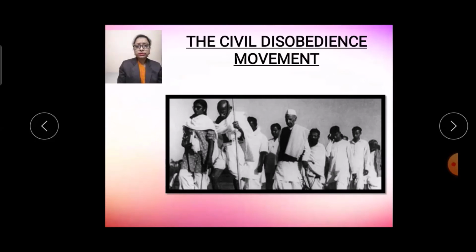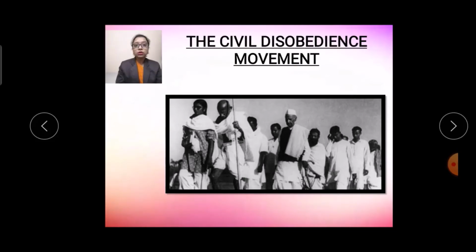Now what was in the civil disobedience movement? In this movement, Gandhiji called on Indians to refuse to pay taxes, especially the tax on salt, to the British government. As we know, Indians had to pay taxes, and they even had to pay tax on salt.